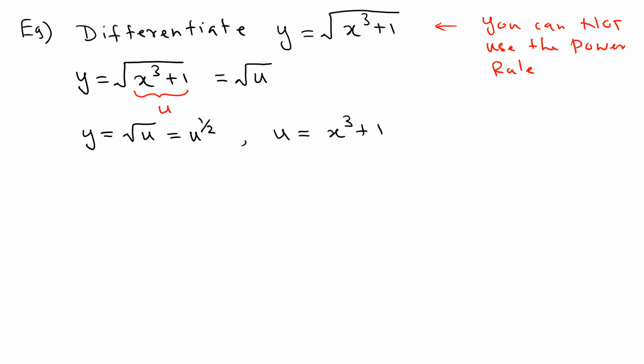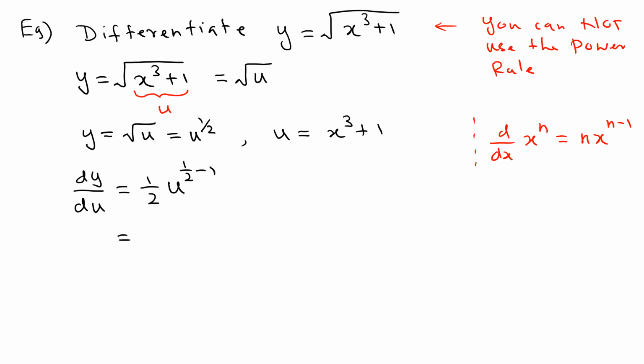Now we need to take the derivatives. The first one, we take the derivative with respect to u, so we can just use the power rule. The power rule says that the derivative of x to the n is n x to the n minus 1. In this case the power is 1/2, so we subtract 1 from the given power and get 1/2 u to the negative 1/2.